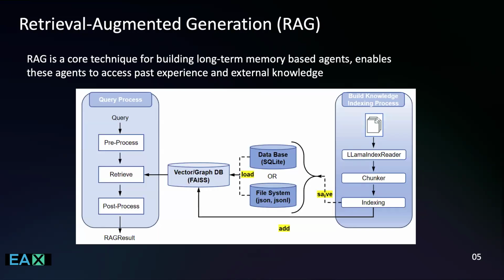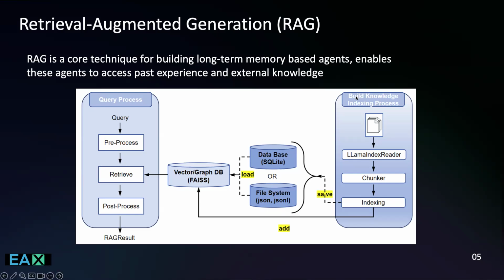Next, let's dive into the retrieval augmented generation feature. So RAG is a core technique for building the long-term memory based agents. It enables these agents to access past experience and external knowledge. This figure shows the pipeline for the RAG functions. So let's begin from the right. In order to use this RAG function, first you need to build a vector store.